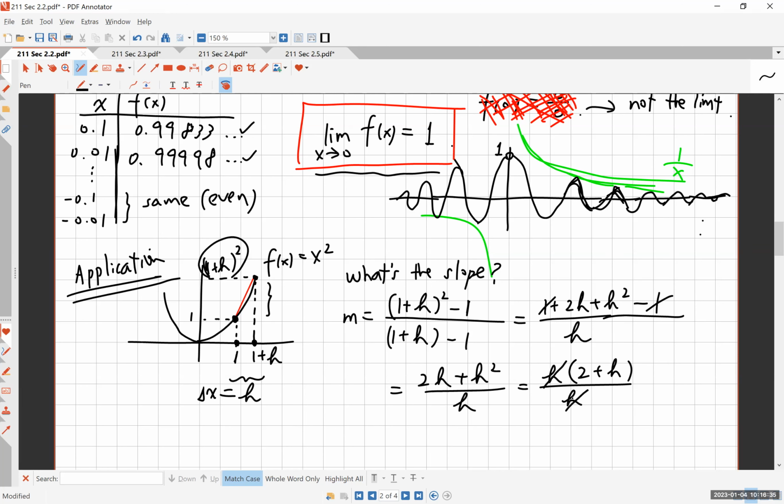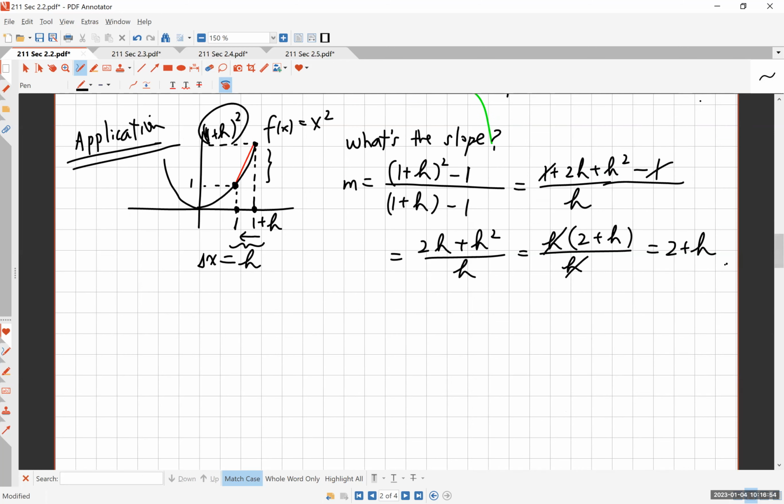And of course, h will cancel. Well, actually, h is not going to cancel if h is equal to 0. But again, we are thinking of this point getting closer and closer. Okay, right now, the slope of the secant line is precisely 2 plus h, knowing that h is not equal to 0, right?